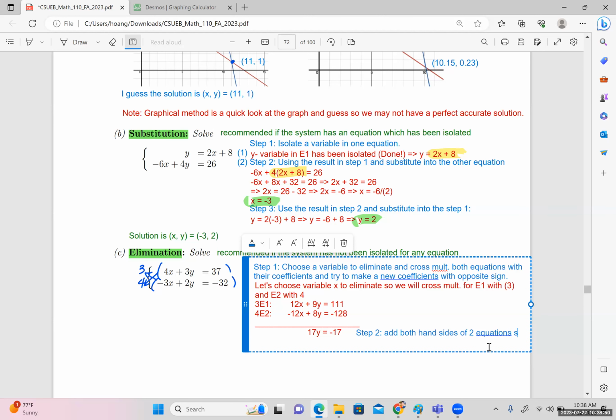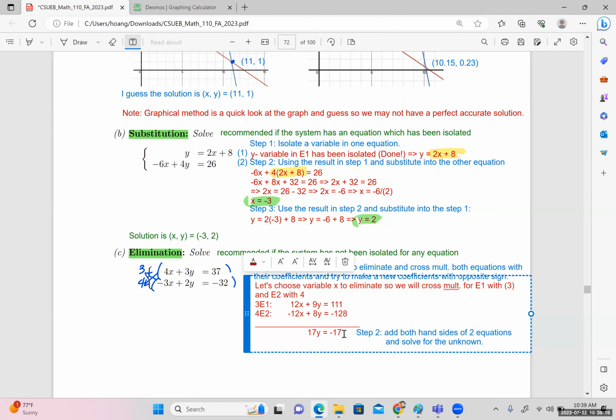And we'll say, and solve for y. Solve for the unknown. So let's solve for the unknown.